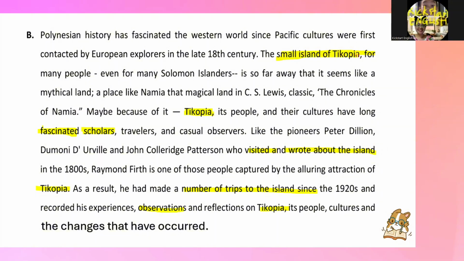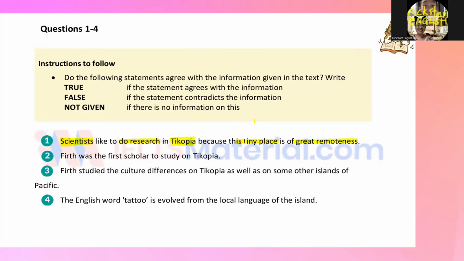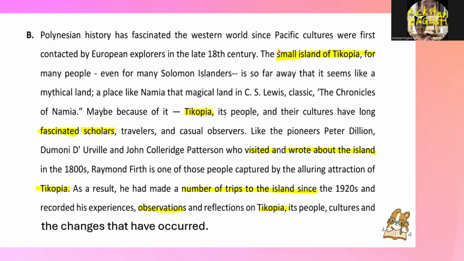Now we have the word small island. So going back to our question, we have tiny place. So tiny place is synonymous to small island. So we found one keyword already, small and tiny. All right, keep on reading. Even is so far away.